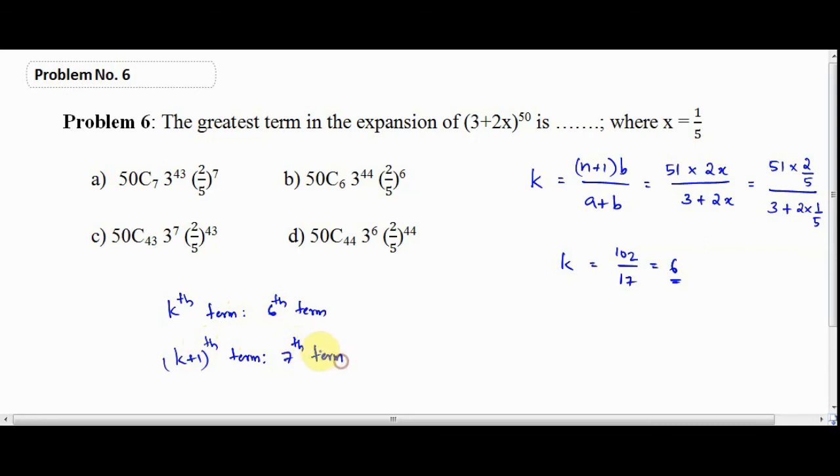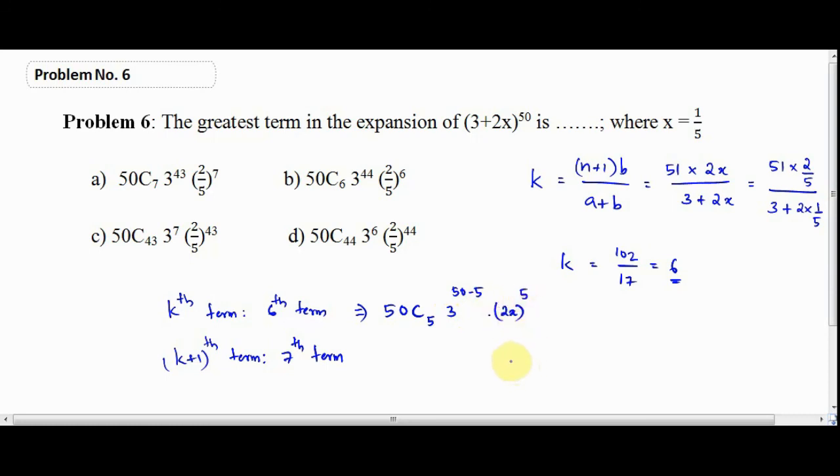Now we have (3 plus 2x) whole raised to 50 here. So we know how to calculate the 6th term. The 6th term in the expansion will be 50C(r minus 1), that is 50C(6 minus 1), that is 50C5 into 3 raised to (50 minus 5) into (2x) raised to 5.